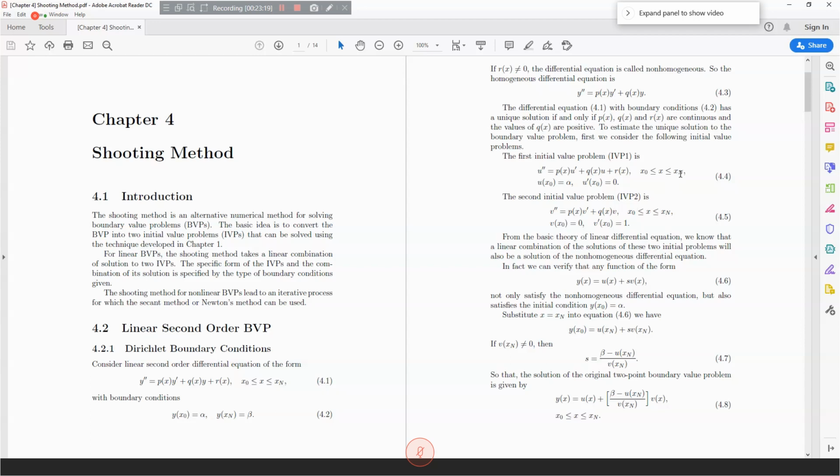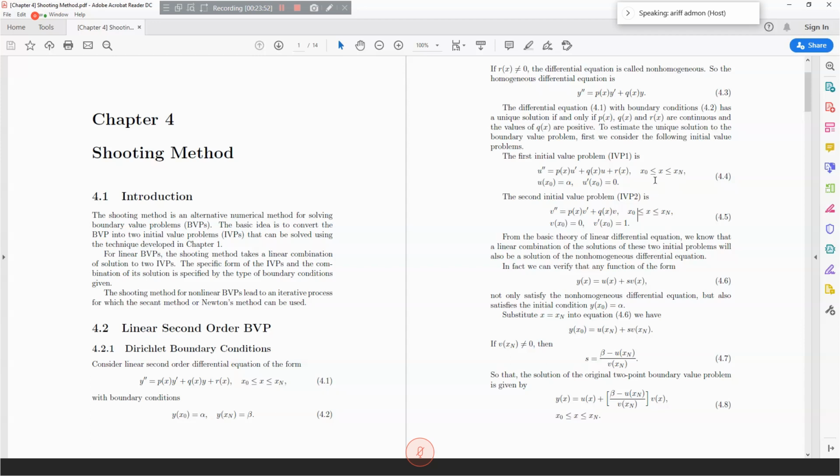Possible methods to solve this IVP: from your single step methods, maybe you can use Taylor series expansion, Euler's method, midpoint, Runge-Kutta second order or fourth order, all those single step methods.